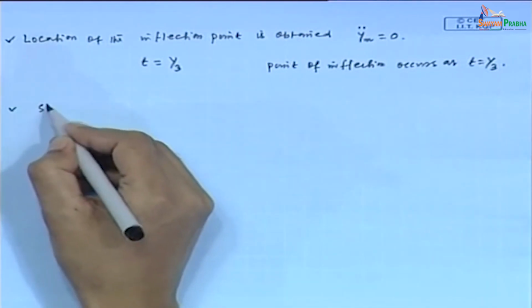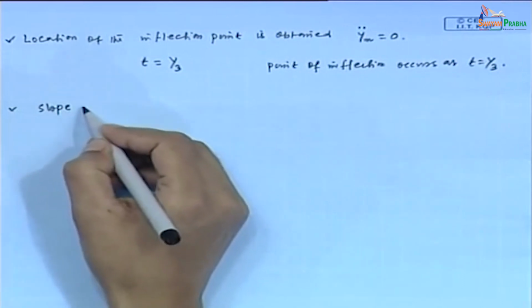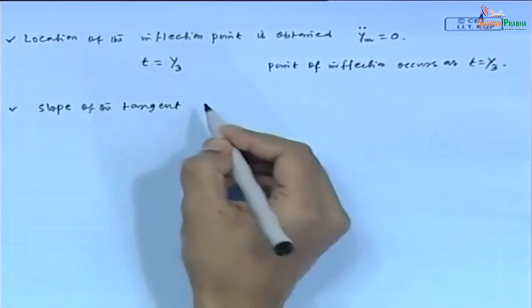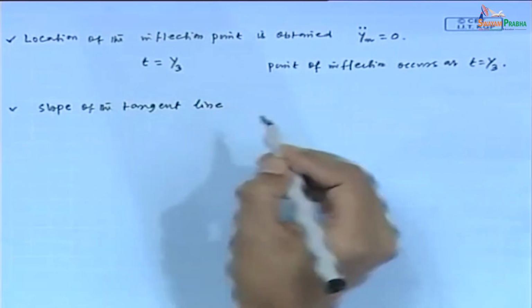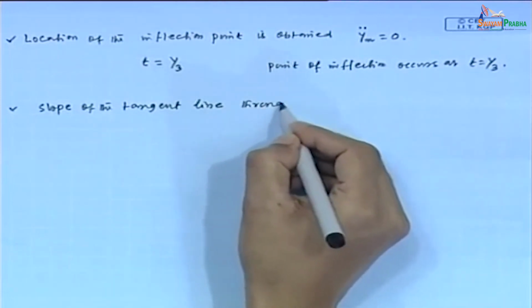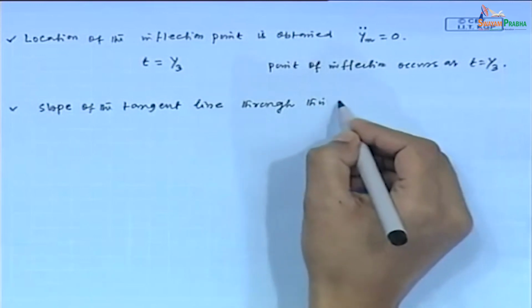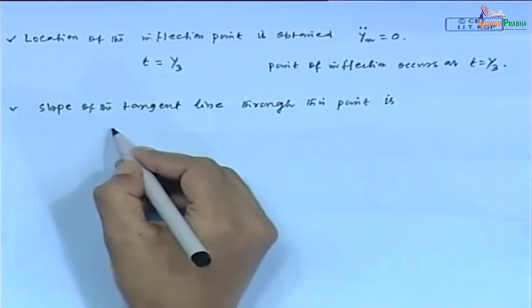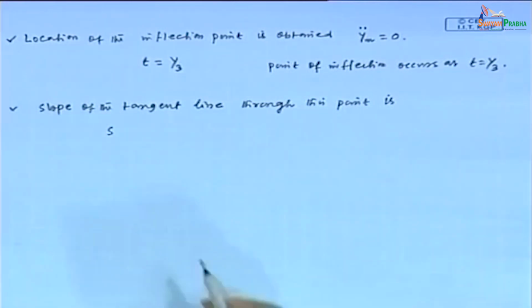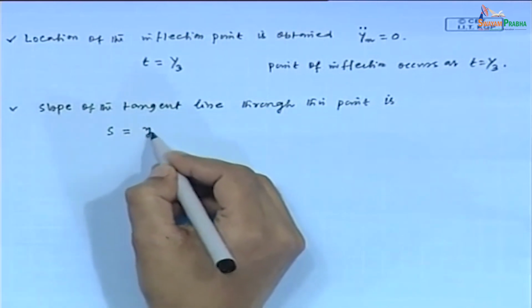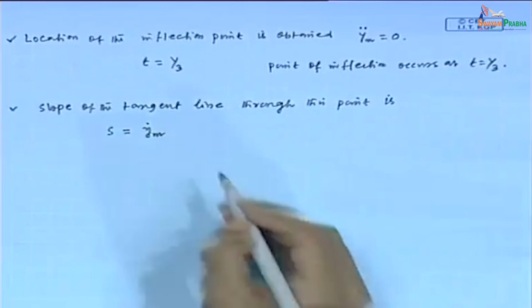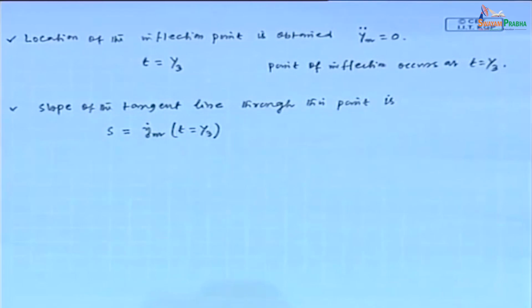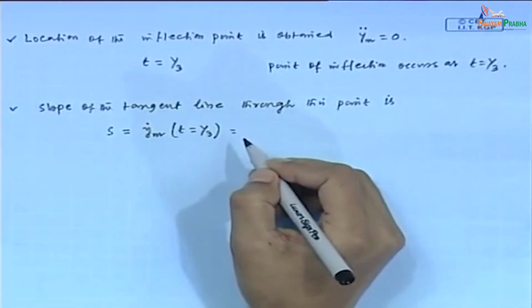The slope of the tangent line through this point is S equals the first derivative at t equals 1/3. Find the value.